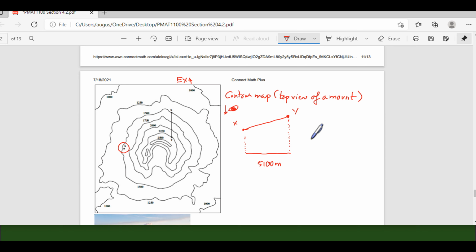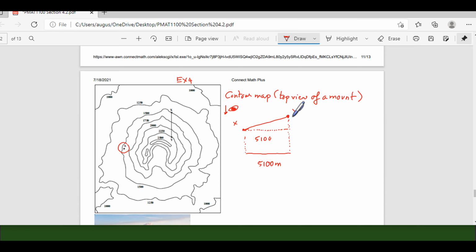Right now they're asking you for the grade. In order to find the grade, which is the percentage, I'm going to draw the right triangle. The base over here is also 5,000.